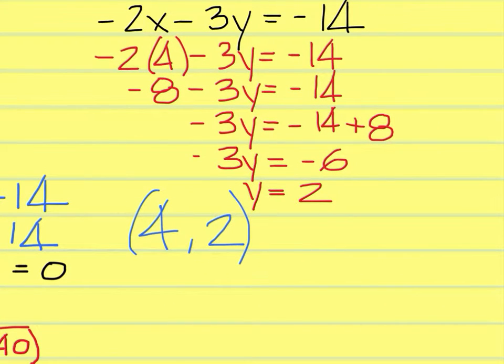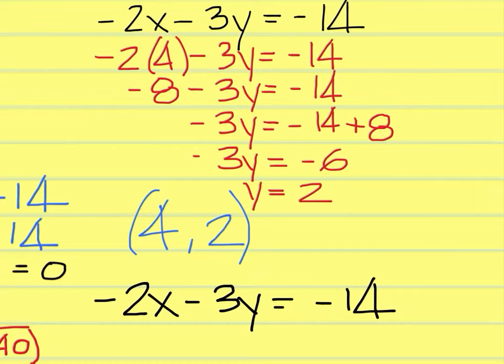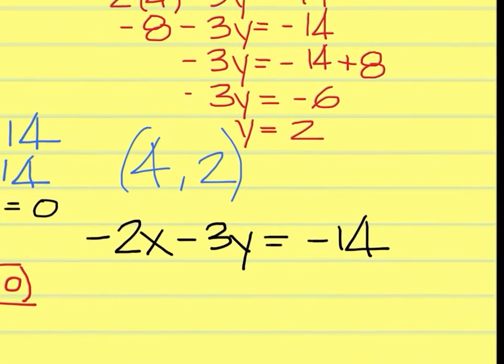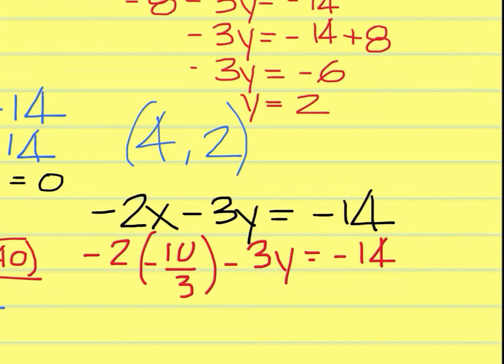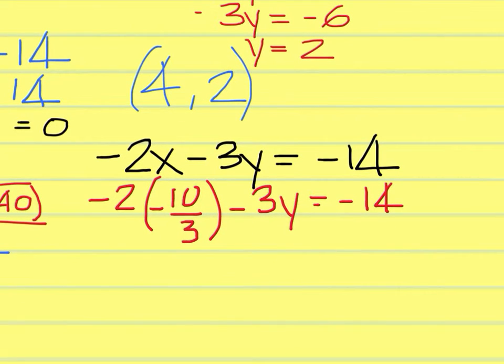And we still need to use the same equation of -2x minus 3y equals -14, but now we have to put in that ugly -10 over 3. So -2 times a -10 over 3 is going to give me in that spot a +20 over 3, which I'm going to have to move to the right.